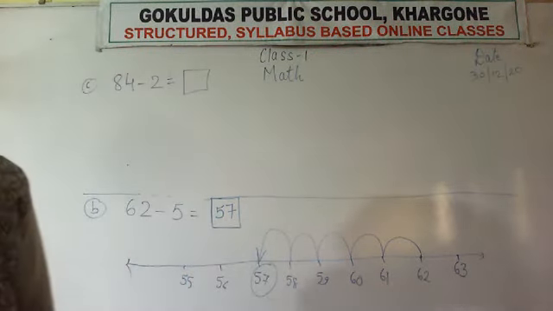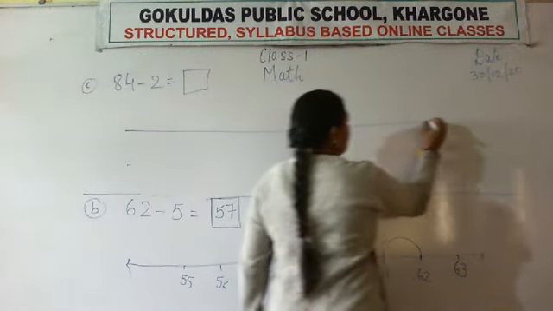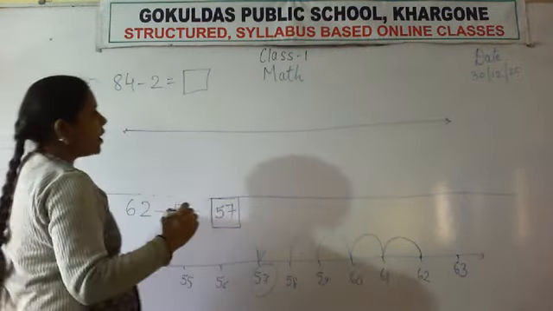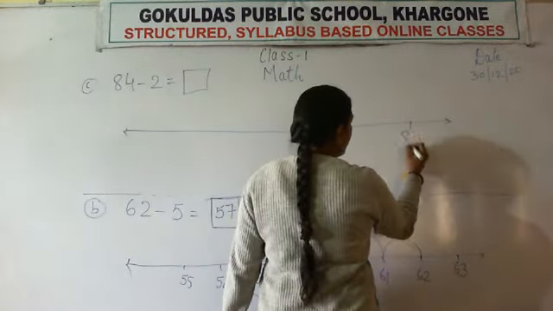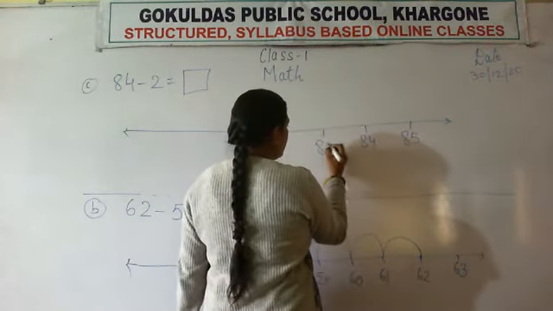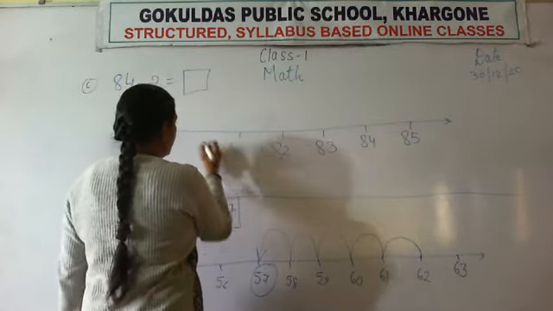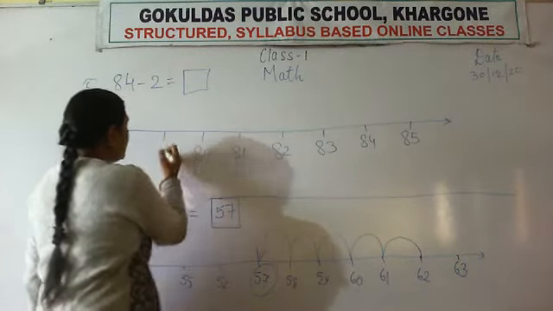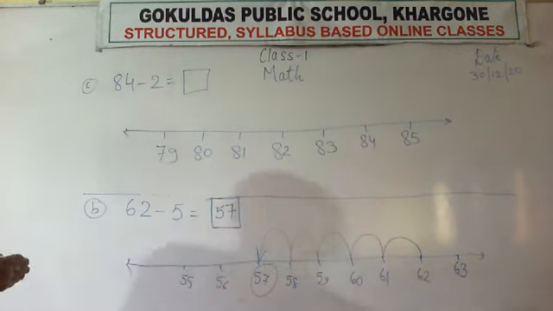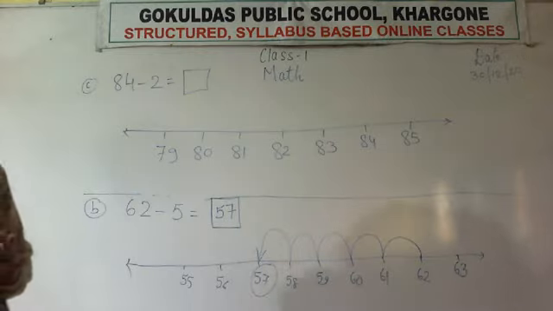So, first draw a number line and write numbers from 85 in reverse order. 85, 84, 83, 82, 81, 80 and 79. Then 79, 80, 81, 82, 83, 84 and 85.